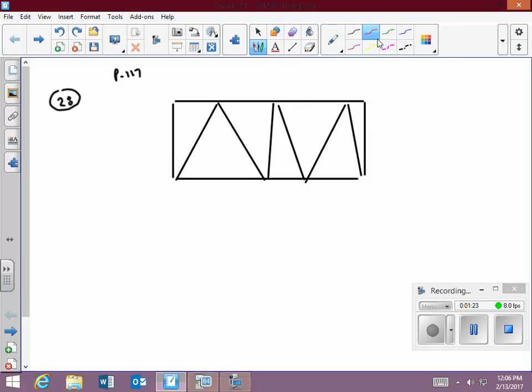Might be easier if they gave us length and width. The shaded area is here, right? Mm-hmm. And then the area they've given us as 40 inches squared.